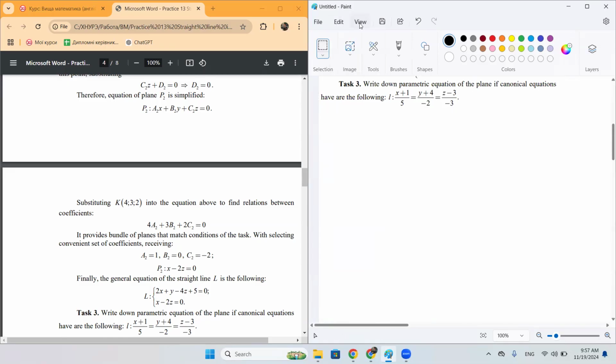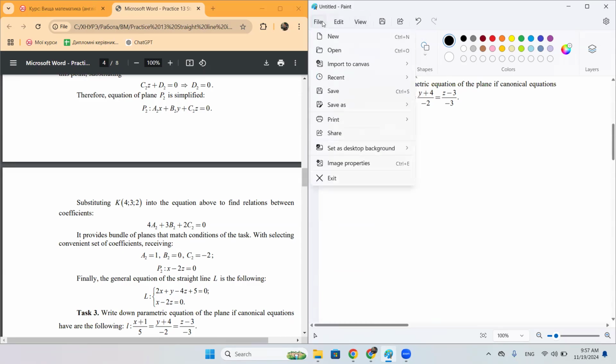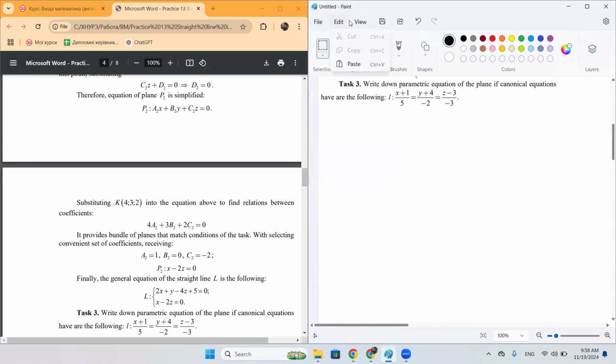So how to rewrite it in a parametric form? Basically, we are doing the following. All these parts of the equations are equal to the parameter t.